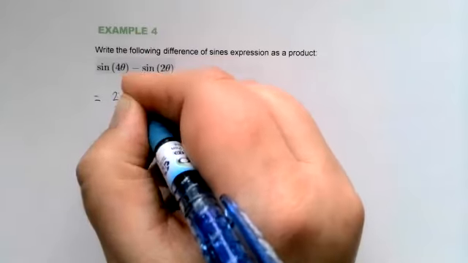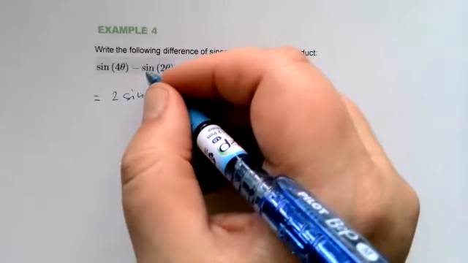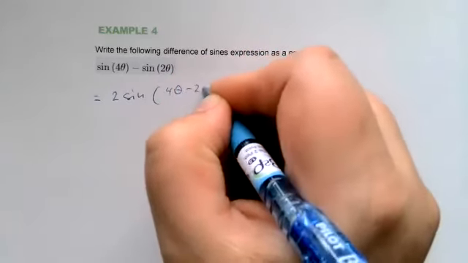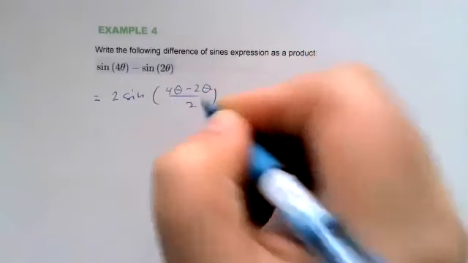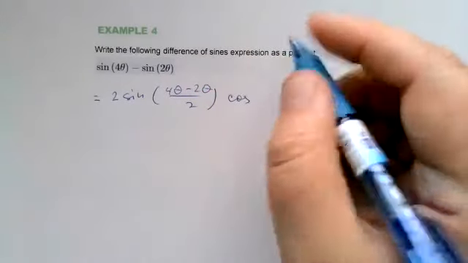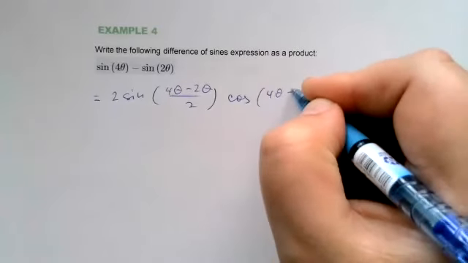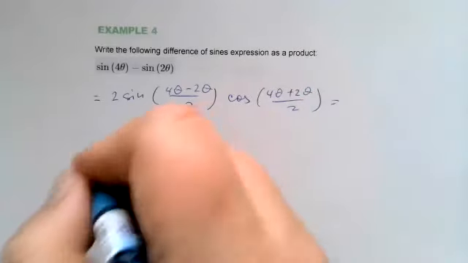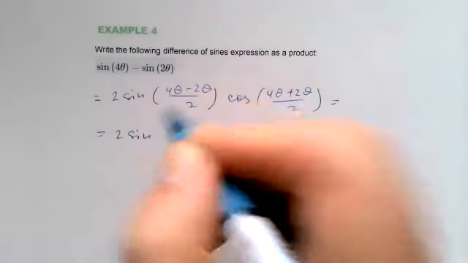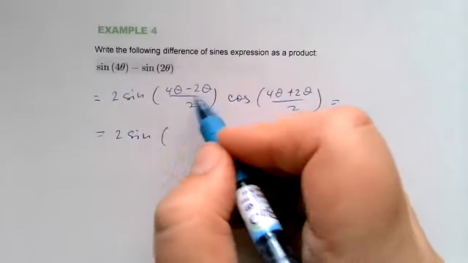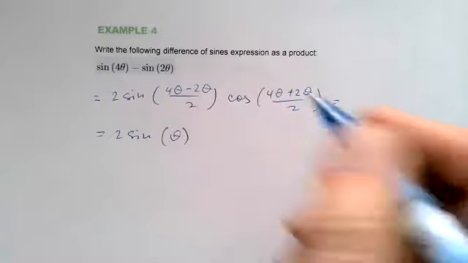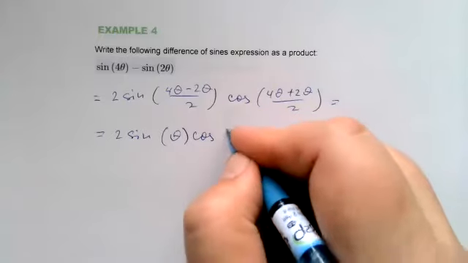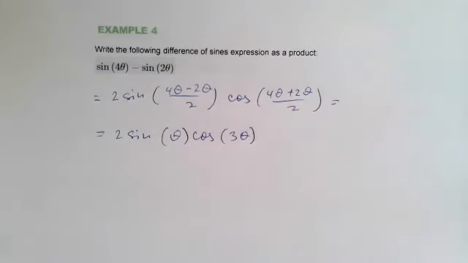It's 2 sine of (alpha minus beta) divided by 2, so (4 theta minus 2 theta) divided by 2, multiplied by the cosine of (alpha plus beta) divided by 2, so (4 theta plus 2 theta) divided by 2. That's 2 sine of 2 theta divided by 2, just theta, cosine of 6 theta divided by 2, 3 theta. That's it.